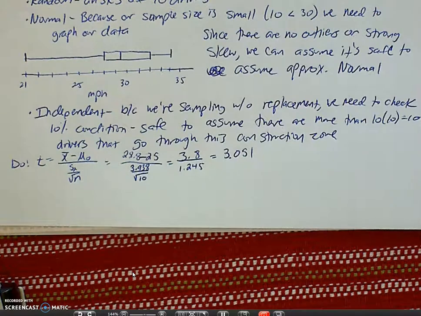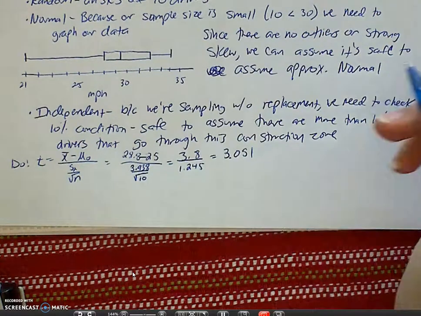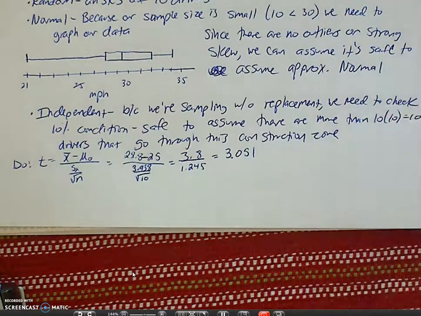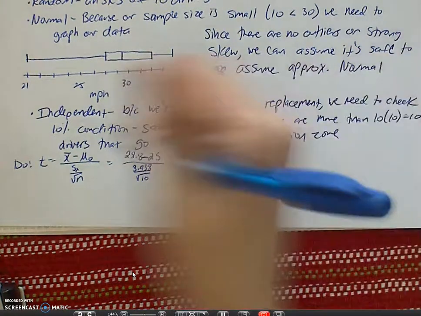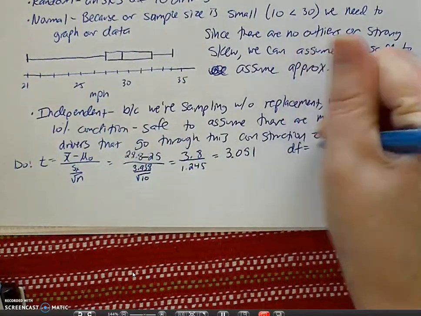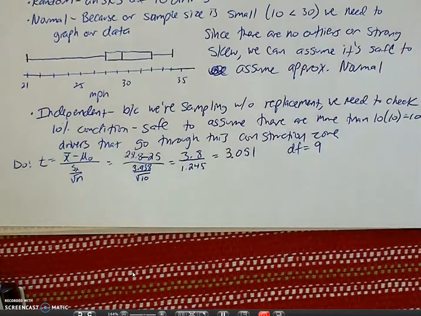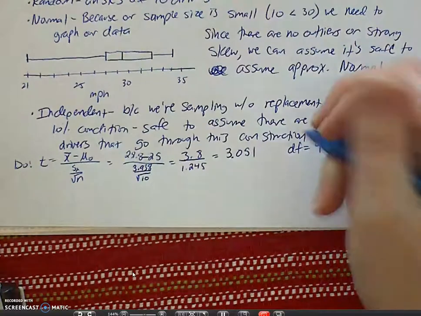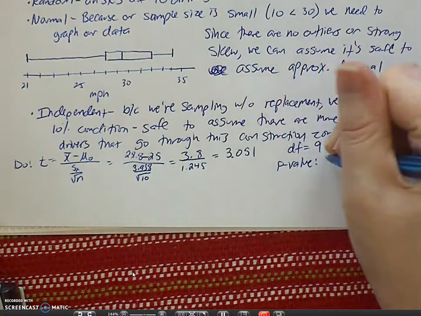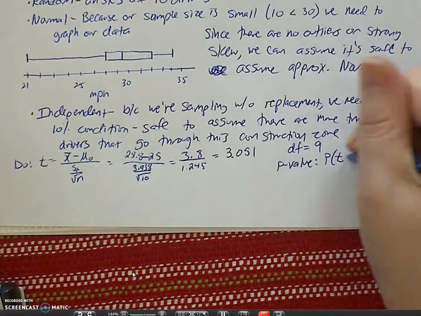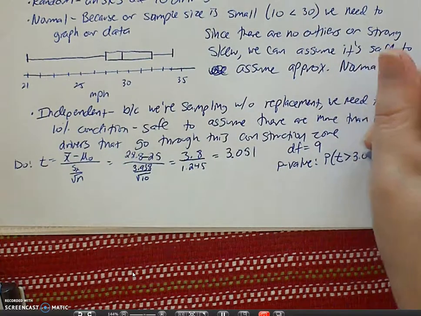Okay, so now I need to find my p-value. In order to do this, I need to know my degrees of freedom. Since n was 10, my degrees of freedom here are going to be 9. When I want to find my p-value, I would know the probability that my t is above 3.051.